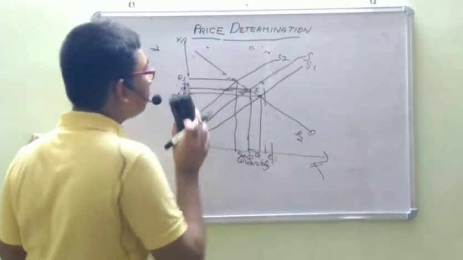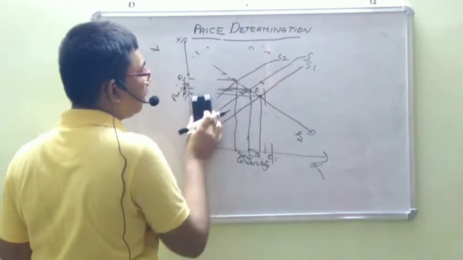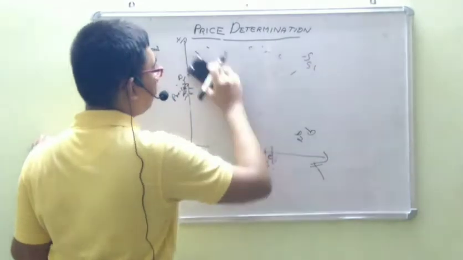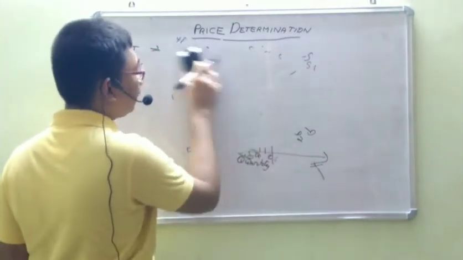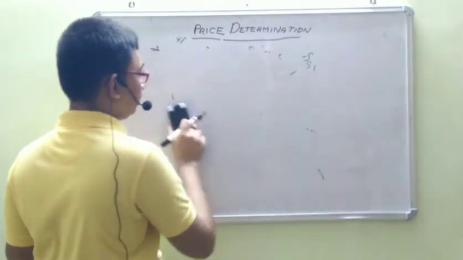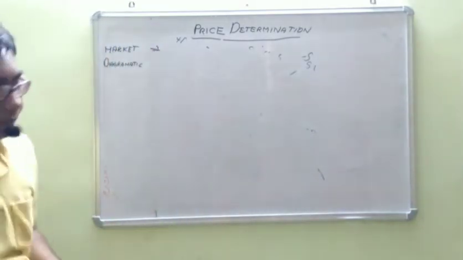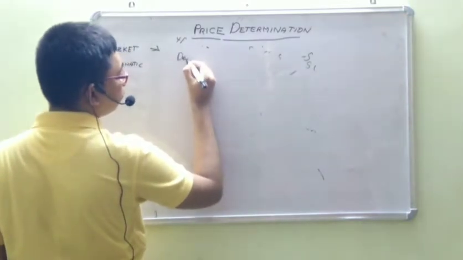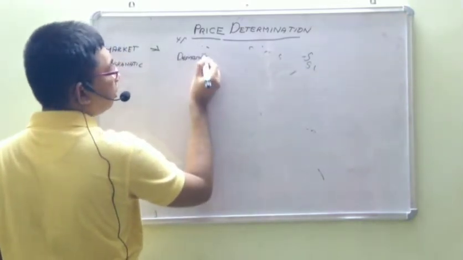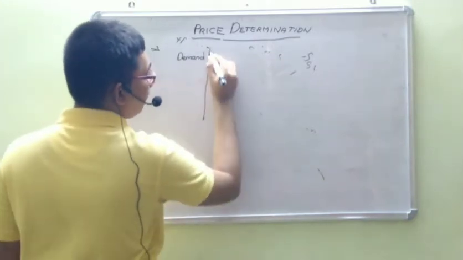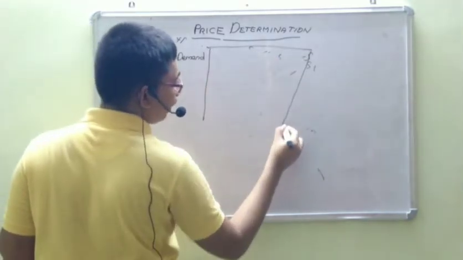This is the case when either demand or supply changes. Before I tell you what will happen if both of them are changing, let us just tabulate what happened. In case of demand change, what is the impact on price and quantity?